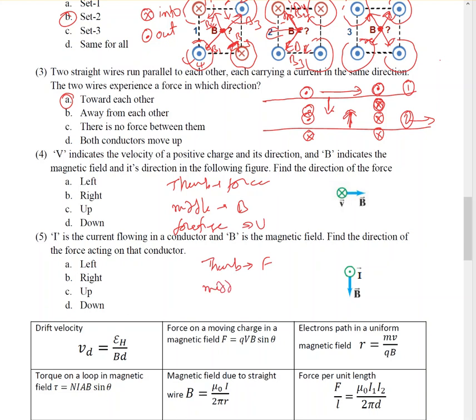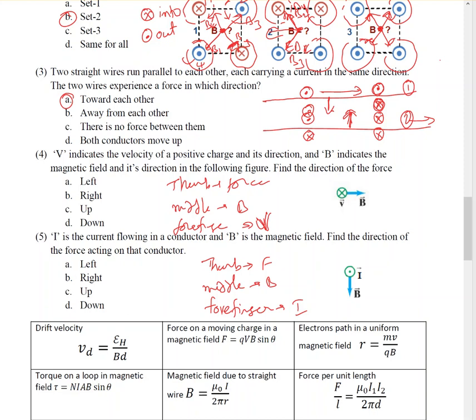The middle finger indicates B, and the forefinger indicates the current direction. So in the first case, place all three of them perpendicular to each other. The middle finger indicates B, and the forefinger indicates the velocity.